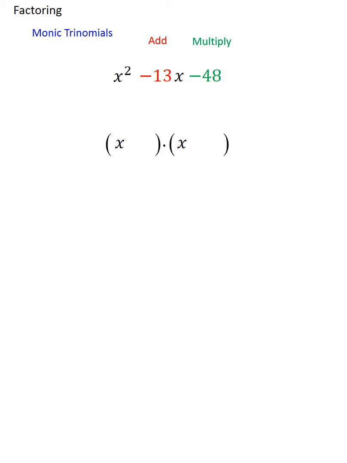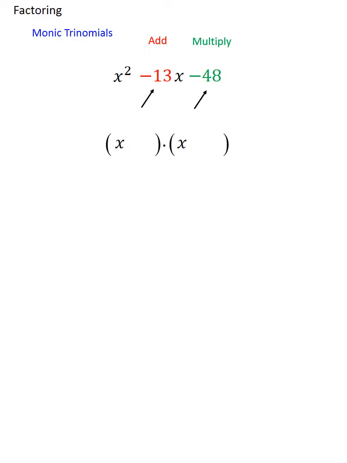One way would be to randomly guess numbers that added to negative 13 and hope to get lucky that those numbers that added to negative 13 would also multiply to make negative 48. And while there's nothing wrong with this, I've found more success doing the problem the other way around.